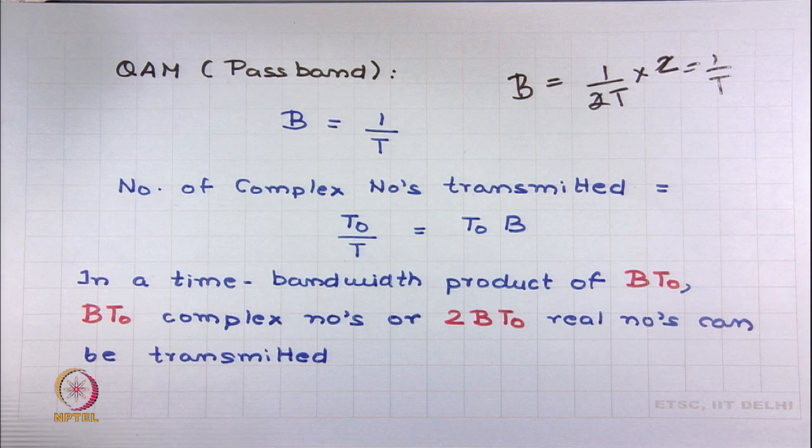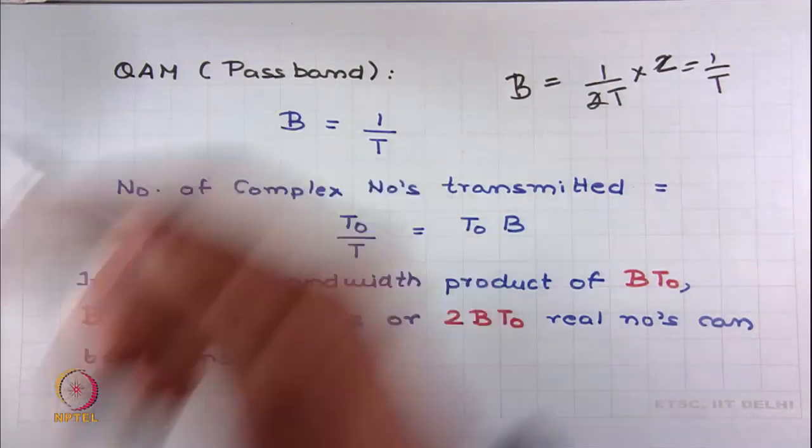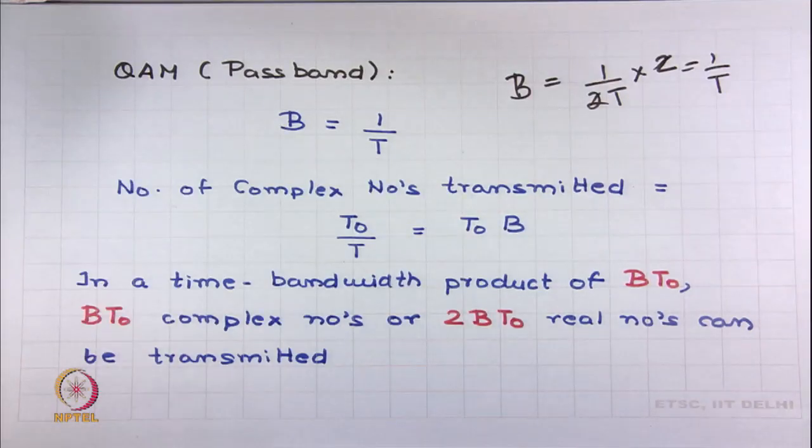But now what happens is QAM is a complex signal, that is different. So, now we are not talking about real degrees of freedom, we are talking about complex degrees of freedom, because the underlying signal in QAM is a complex signal.